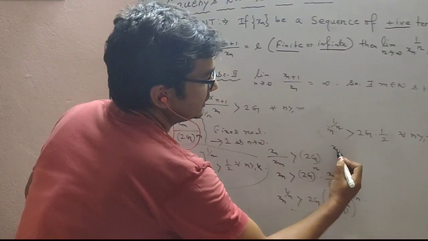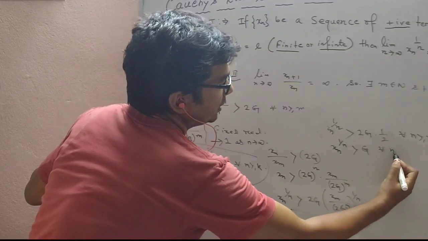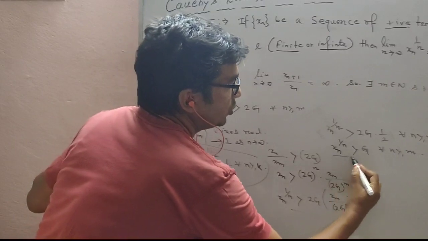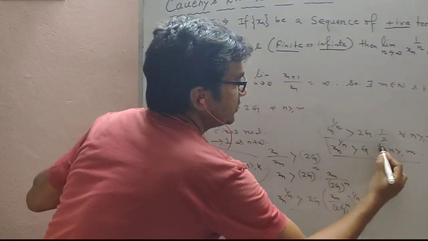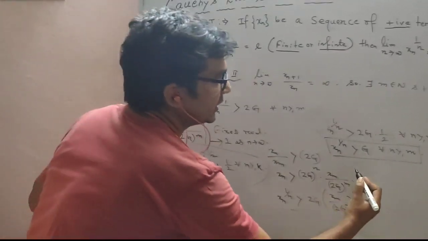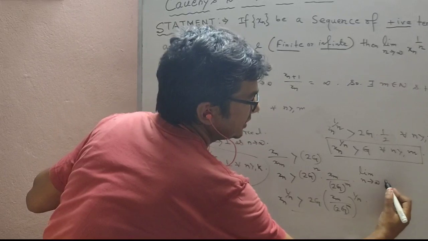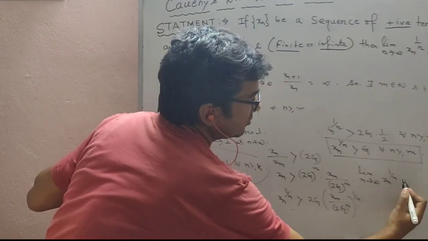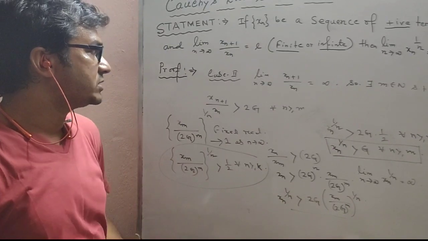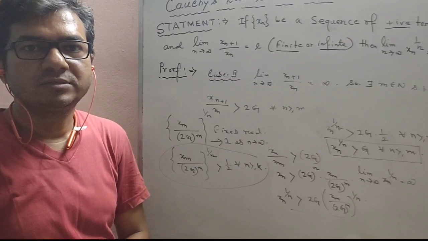That is, xn to the power 1 by n greater than g for all n greater than equal to m. So this is the definition of divergent sequence, diverge to infinity. So we can write limit n tends to infinity xn to the power 1 by n equal to infinity. So this is the proof of second case.